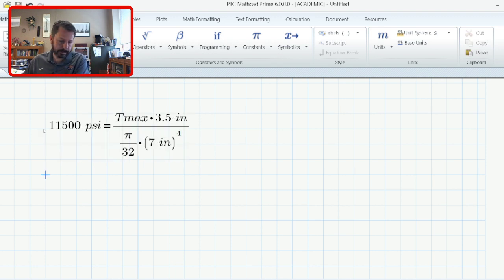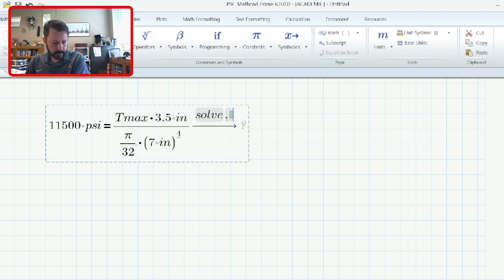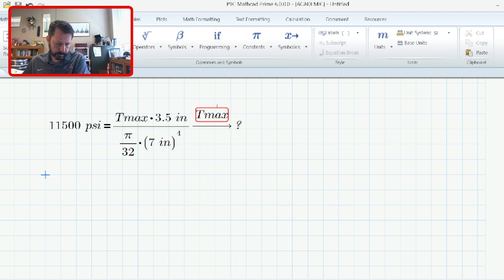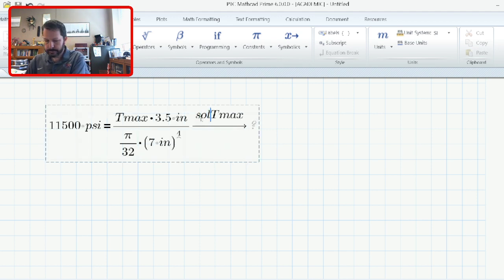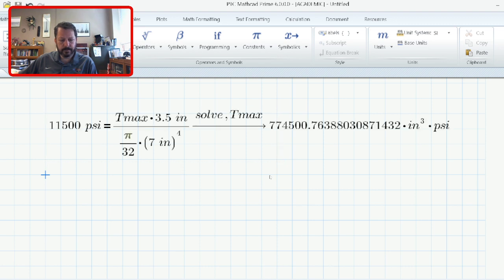Let's see if we can get this to solve for T max. We might have to do this one manually. Sometimes MathCAD Prime is really slow at solving.